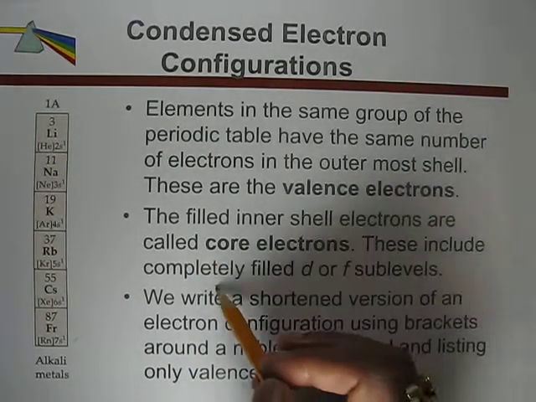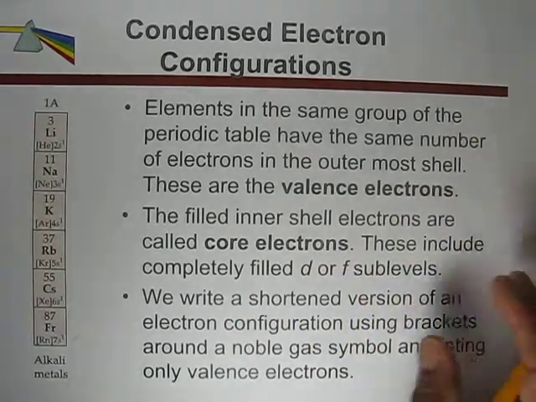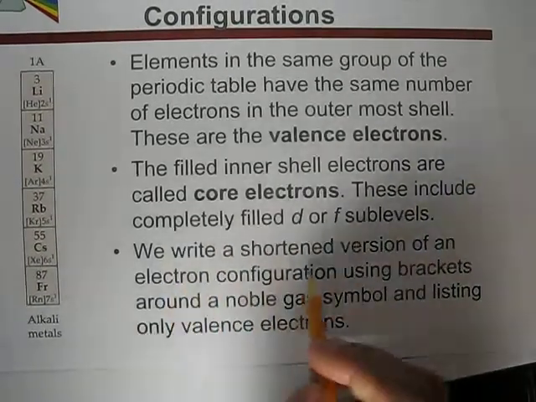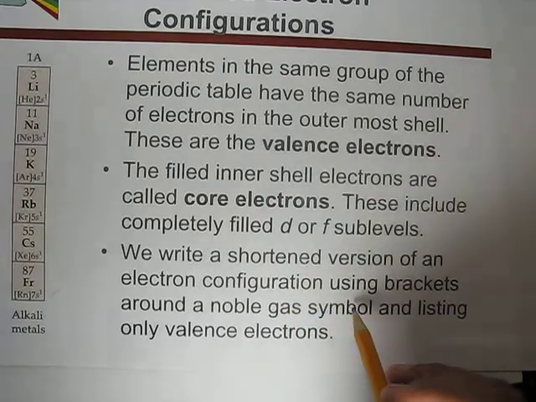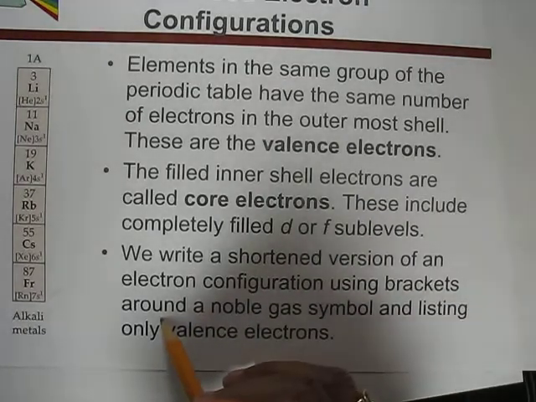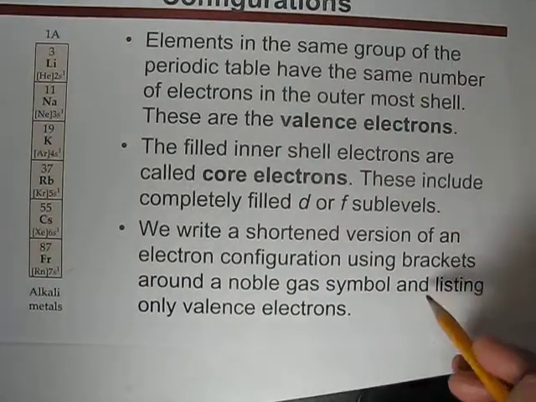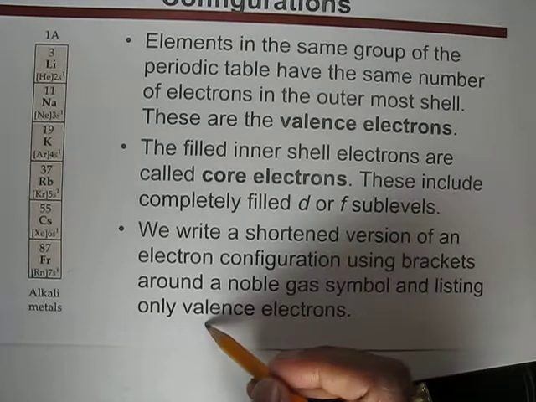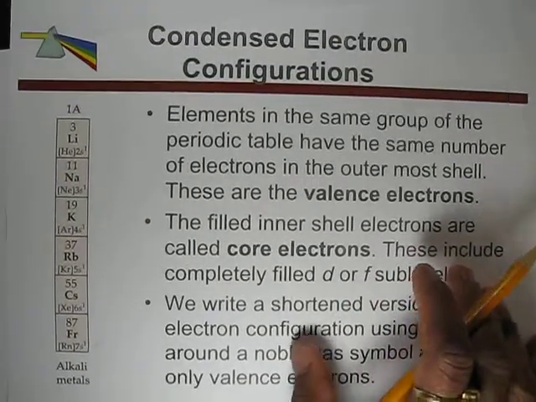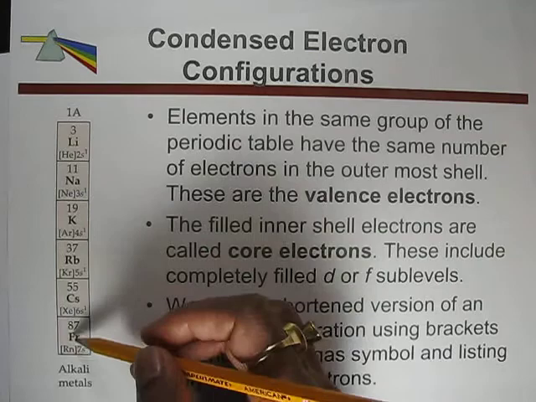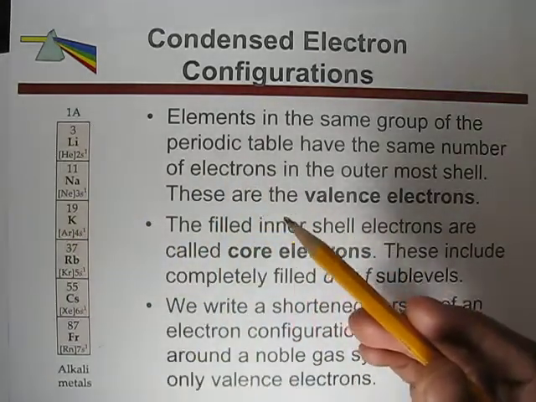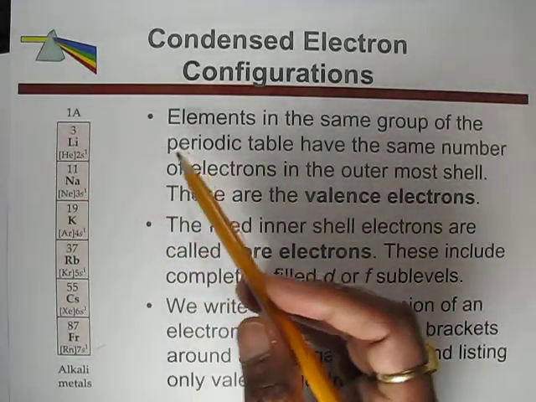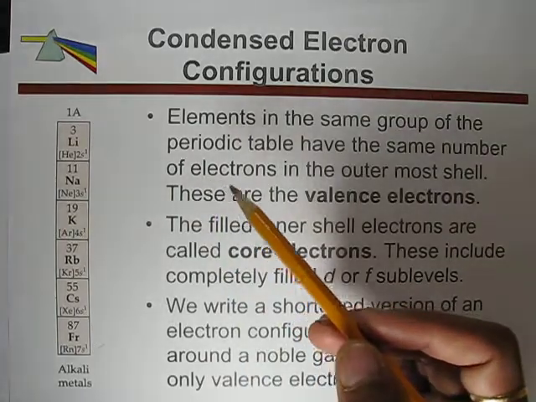These include completely filled D or F subshells, and we write a shortened version of an electronic configuration using brackets around a noble gas symbol and listing only the valence electrons. So we list only the valence electrons, and we write the summary of the electronic configuration in the form of noble gases.